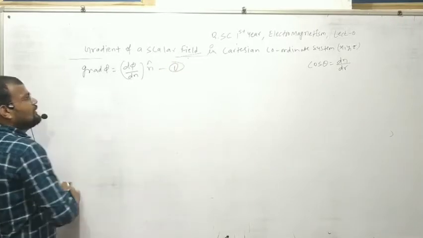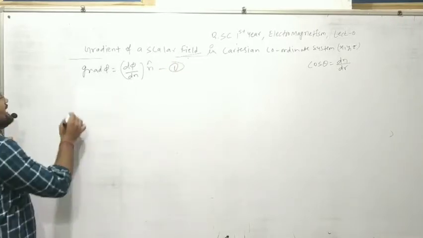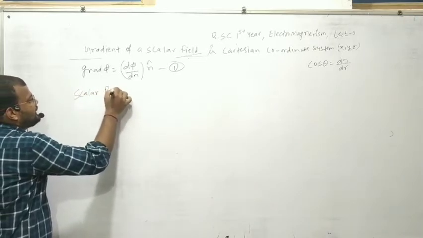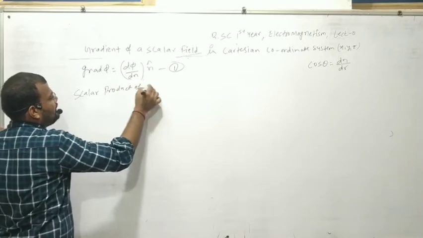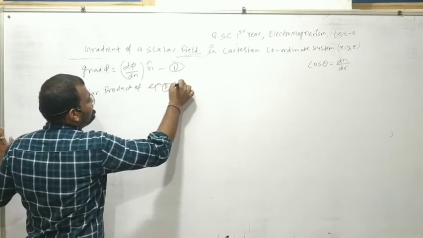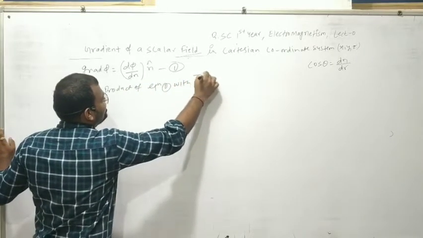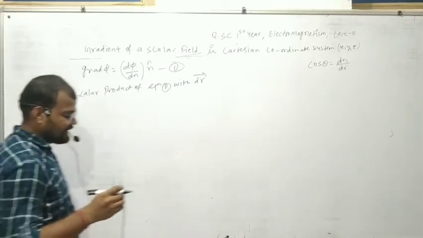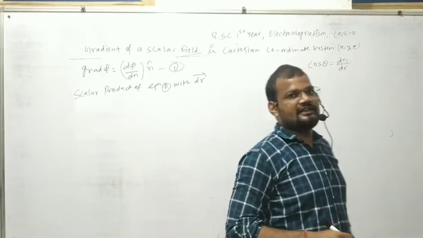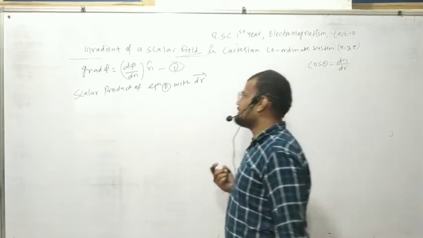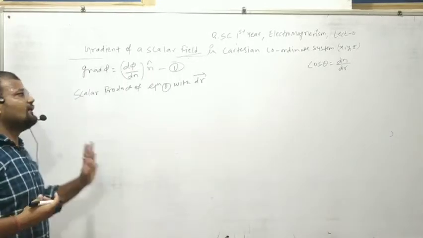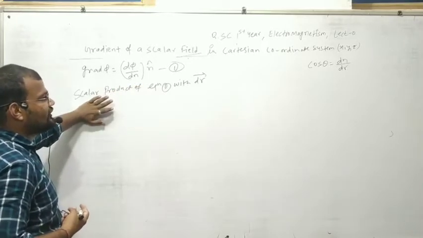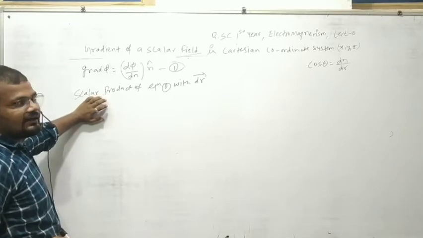What I want to do is the scalar product of equation 1 with dr vector, where dr vector is your displacement vector. I will explain it to you later, but here you see that I want to do the scalar product of equation 1 with dr vector.